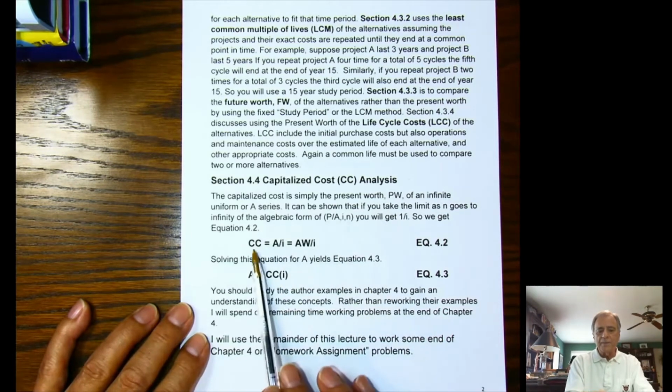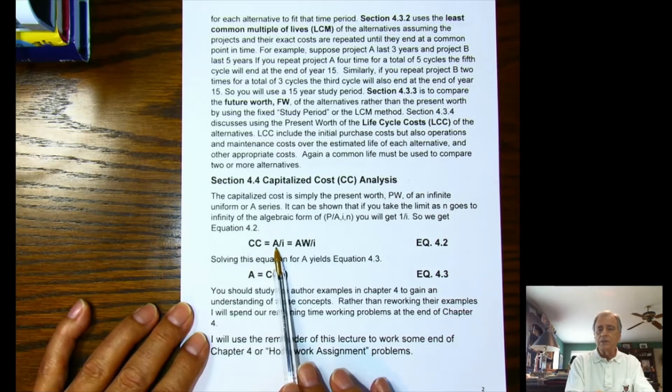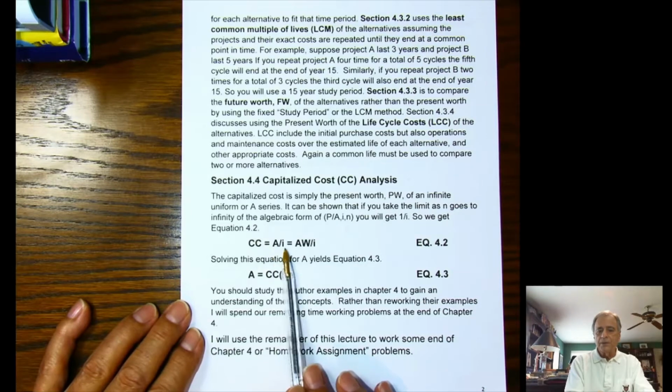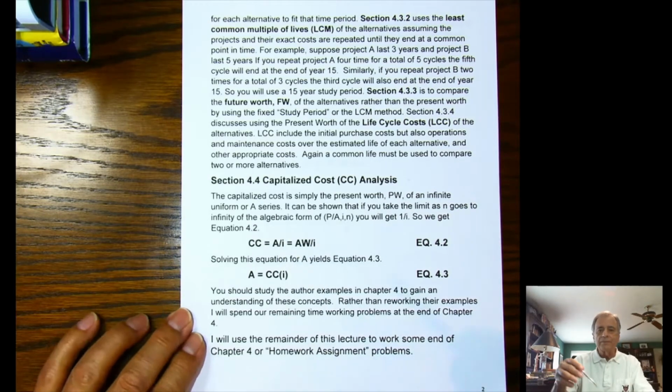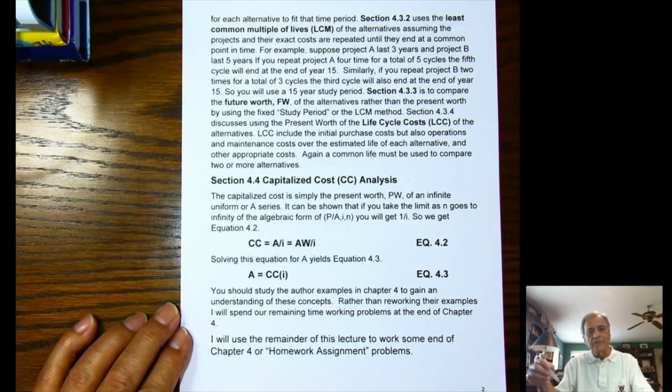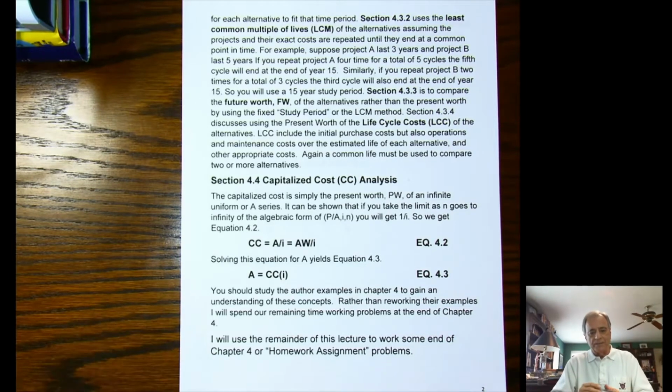So the capitalized cost is simply the annual value divided by the interest rate, or the annual worth divided by the interest rate. A and AW, P and PW, F and FW, they're all the same thing, okay?